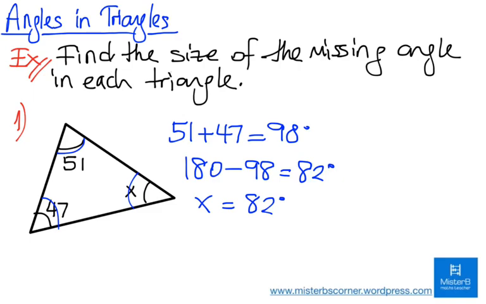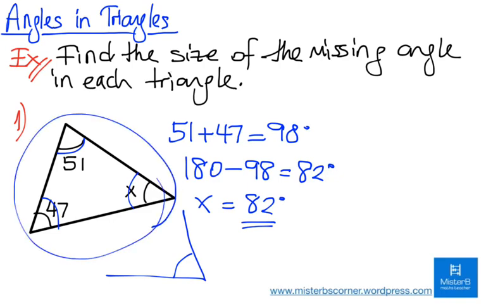Now, this is a good example that those triangles are not drawn to scale, so they are not accurate. You can see that x doesn't look like an angle with the size being 82 degrees. An angle with the size 82 degrees should, I think, look like this, rather, a little bit wider. But you will always have those shapes drawn in some way, but not accurately, all right?